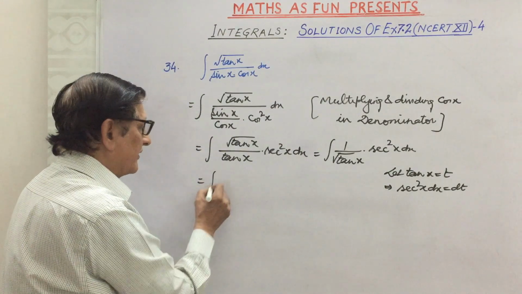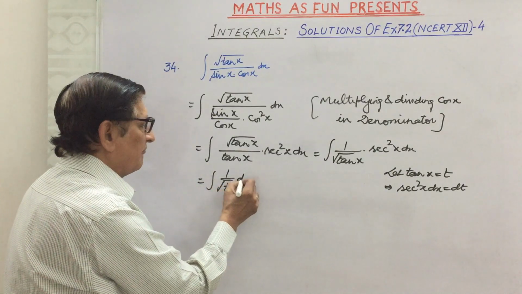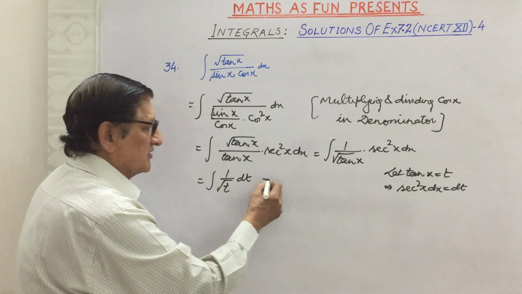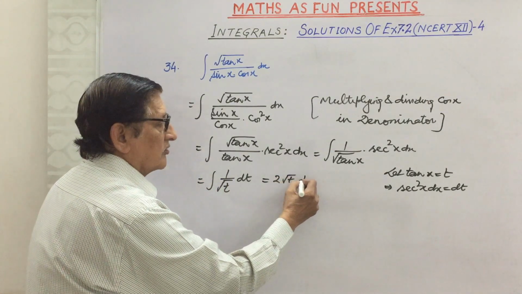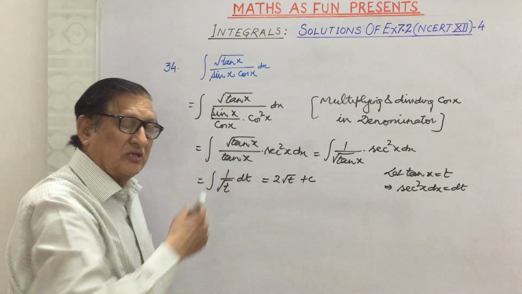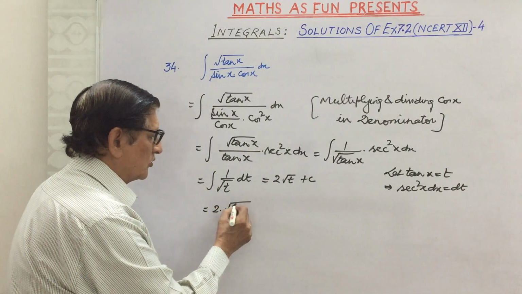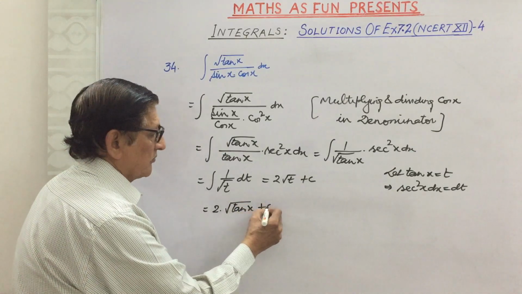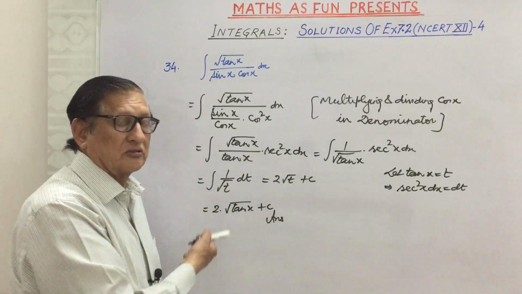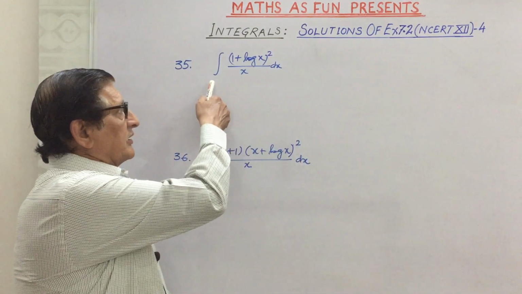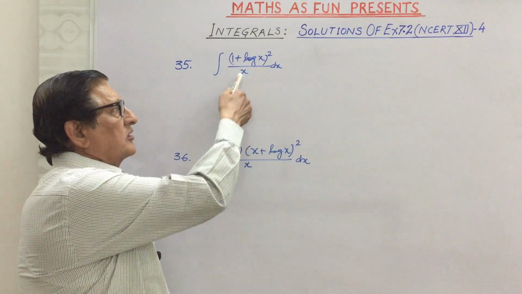Applying this here, we get 1 upon root t into dt, and we know the integral of 1 upon root t is 2 root t, this becomes 2 root t plus c. Substituting the value of t, we get 2 into root of tan x plus c, which is the answer to this particular problem.